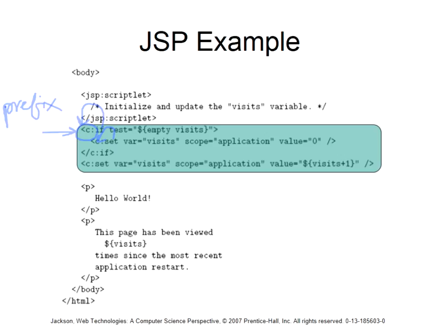Using this code, I test if visits is empty, not created. I create this variable visits with value 0. Otherwise, I increment visits by 1, and after that I display the value of visits here. This page has been viewed plus the value of visits.